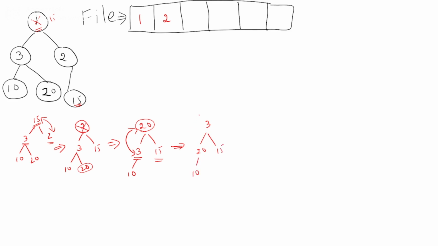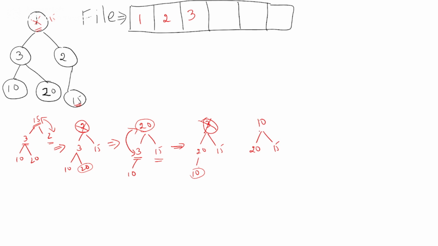Now the next element which needs to be copied over to the file is 3. So 3 will be copied over to the file, and that will be removed from the heap. Then the last element you have is 10. So 10 will be copied over to the position of the root. So you will get 10, 20, 15.